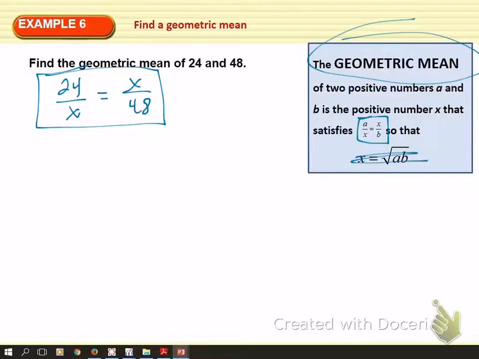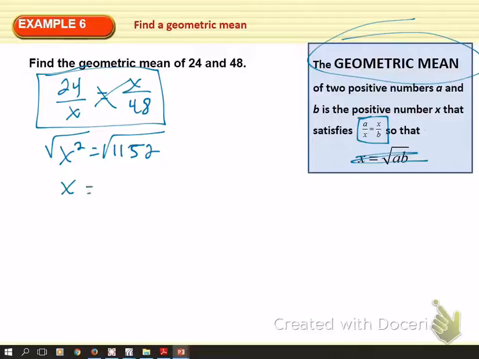So I'm going to cross multiply and solve. x times x is x squared. 24 times 48 is 1,152. Now, to solve for x, which is what we're going for, we're going to square root here and here.